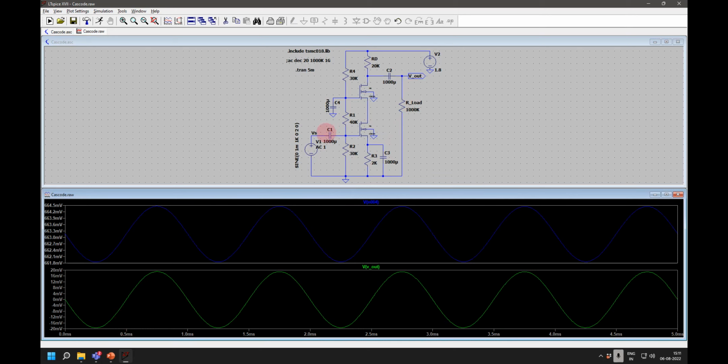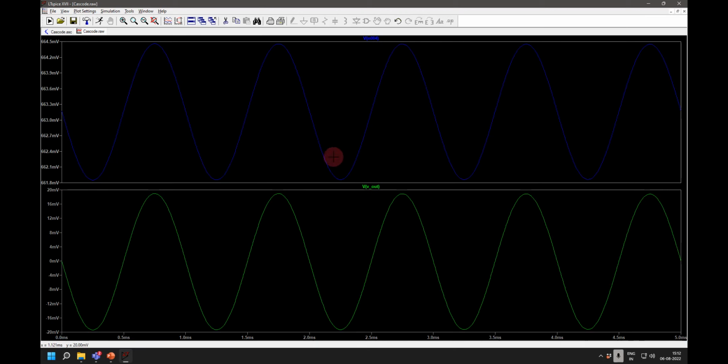Here it is 1 millivolt. Here the voltage gain is around 3 millivolt, superimposed on DC, 664 to 661, whereas here we are getting a high voltage output. Is it okay with all of you?